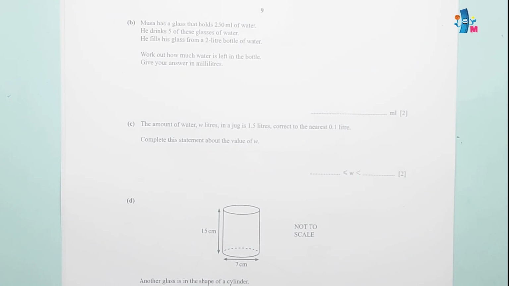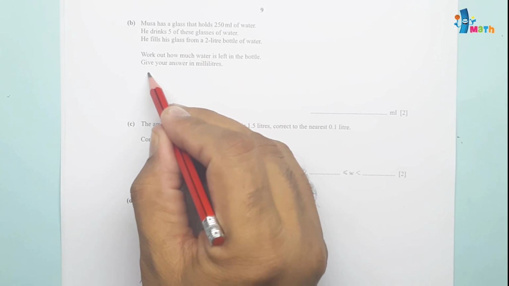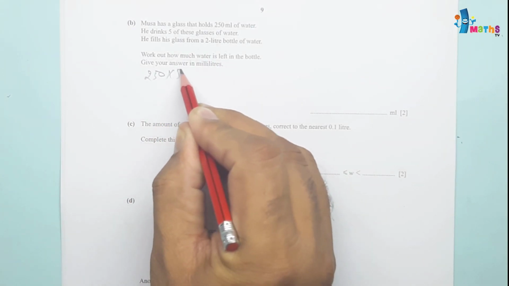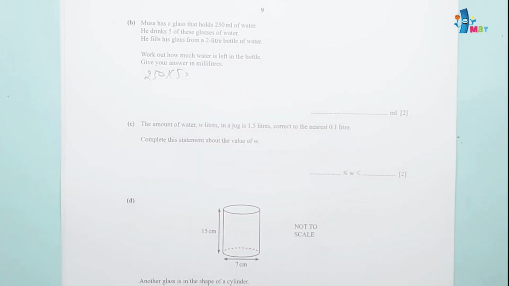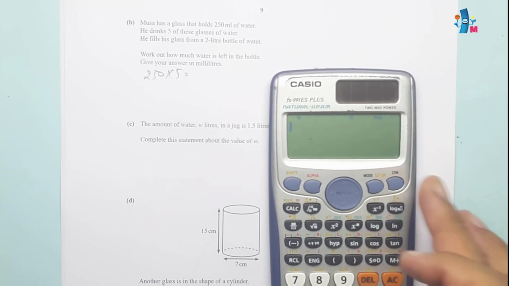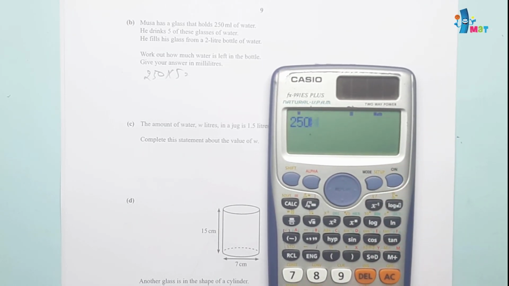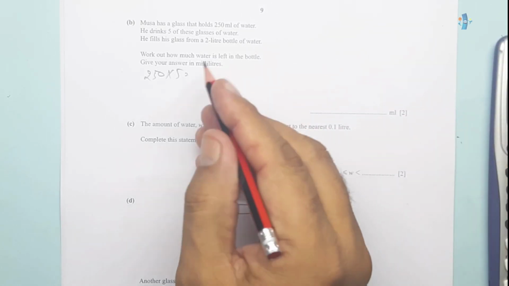Now this is B part. Musa has a glass that holds 250 milliliter of water. He drinks 5 of these glasses. So 250 multiplied by 5 will be equal to 1250.